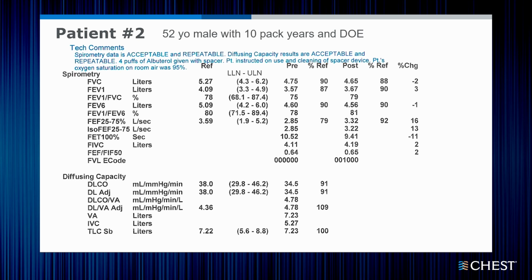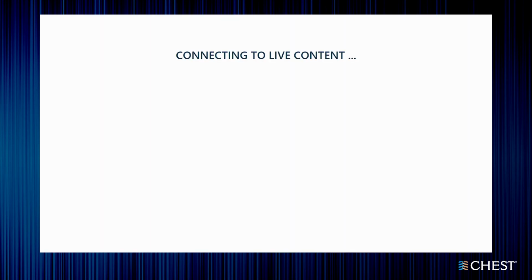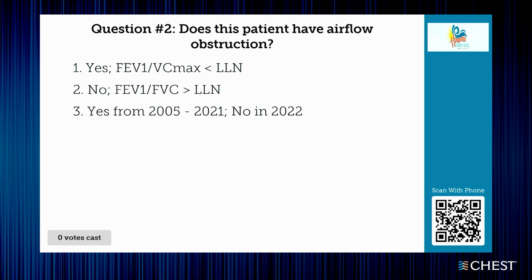So patient 2, a 52-year-old male with 10-pack year smoking history and exertional dyspnea. I don't have Z-scores here. It's previous to our Z-score utilization. But just look at that PFT. So does this patient have airflow obstruction?